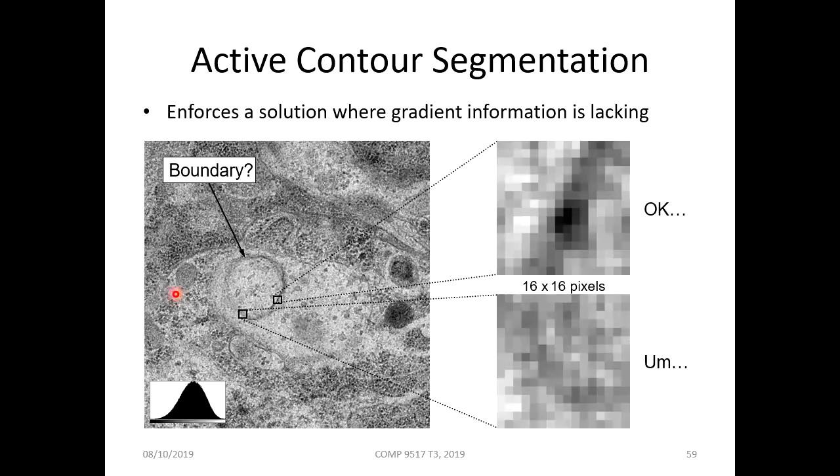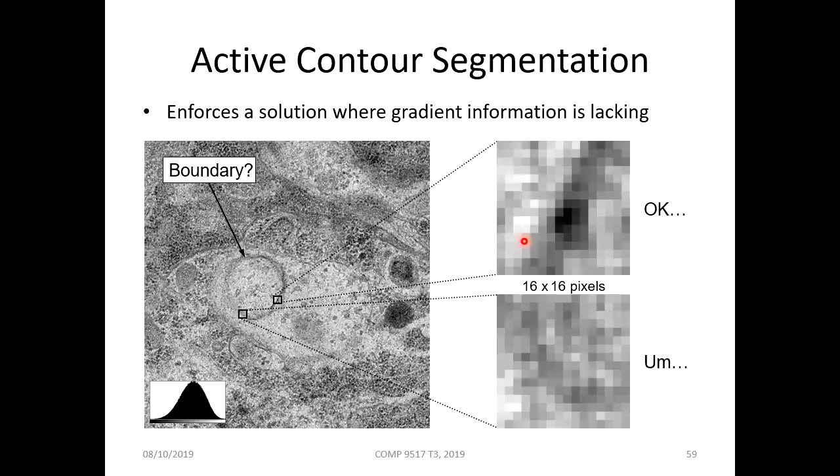If you zoom in all the way on the contour, parts contain strong gradients, sort of, but there are other parts that are totally not clear, very ambiguous. Where exactly is this boundary?